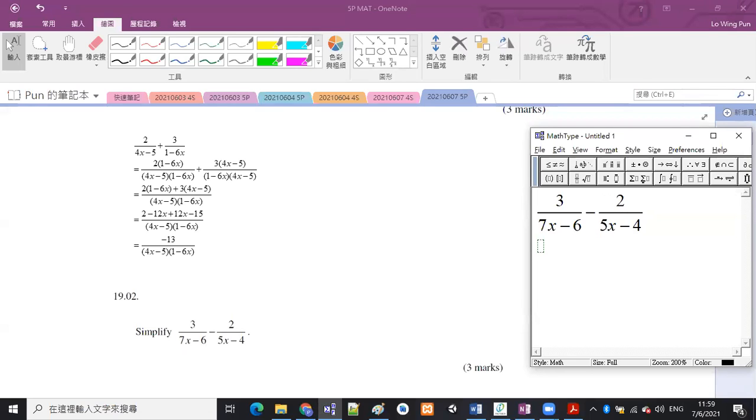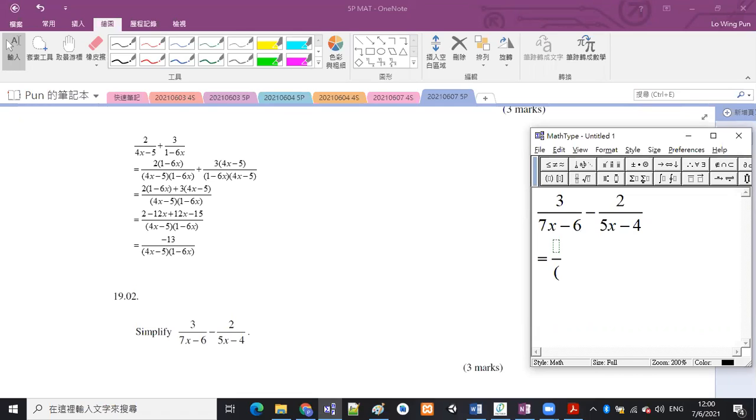Again we have fractions doing subtraction with different denominators. First check whether the denominators can be factorized or not. 7x minus 6 cannot be factorized. 5x minus 4 cannot be factorized. So you may just enlarge the fractions.